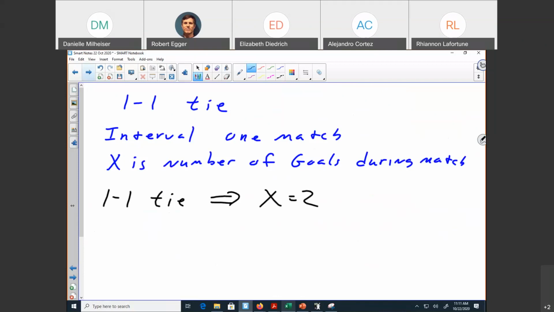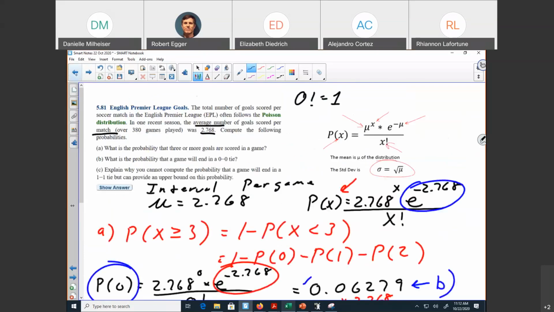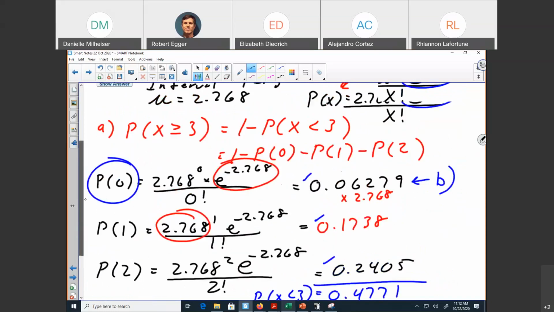But then again, so does a 0-2 and a 2-0 score game. It doesn't differentiate how the 2 is comprised, how the 2 gets there. It just tells you there's 2 scores. Maybe it's 1-1, maybe it's 0-2, maybe it's 2-0. So the best I can say is, what's the probability of X equals 2 scores in general. Scoring 2 was 0.2405.